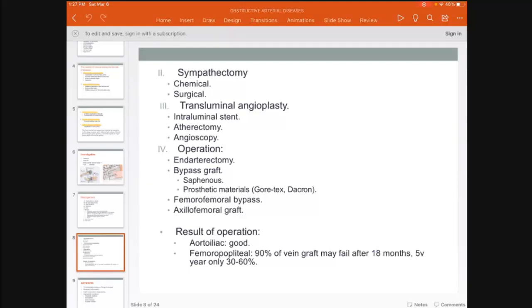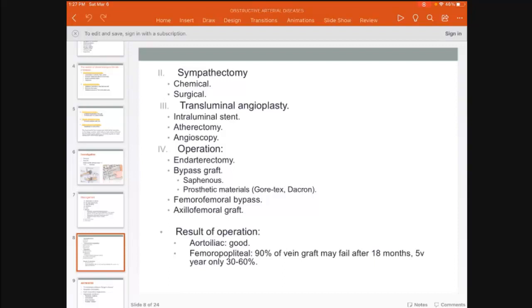Always, as I mentioned before, the most important thing is the size of the artery we operate on. It will determine the result of the operation. When you have an aortoiliac, it's very good.